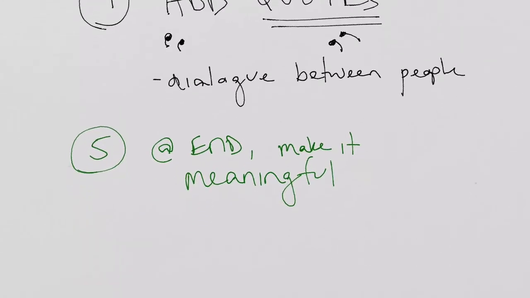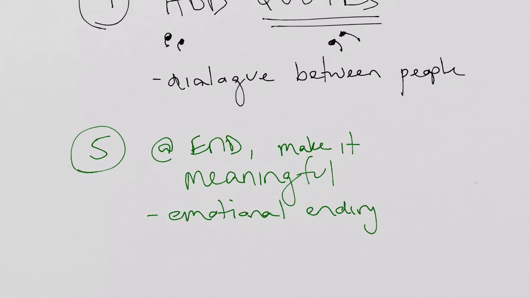So a couple questions to ask yourself here. Like what kind of an emotional note do you want to end on? That could make it meaningful. Do you want it to be triumphant? You want it to feel hopeful?